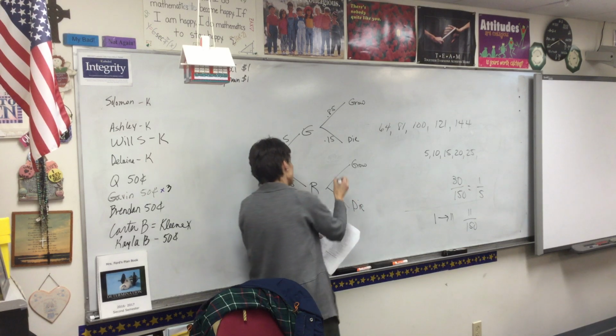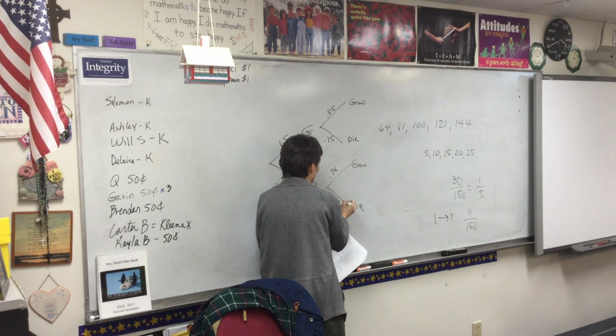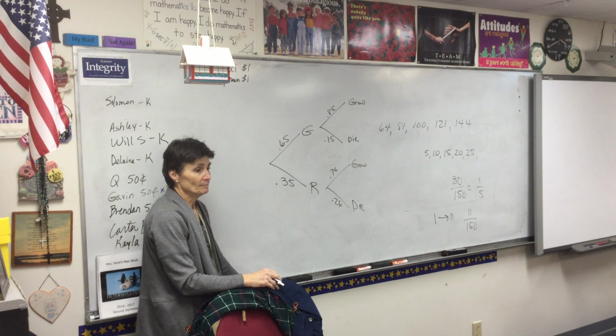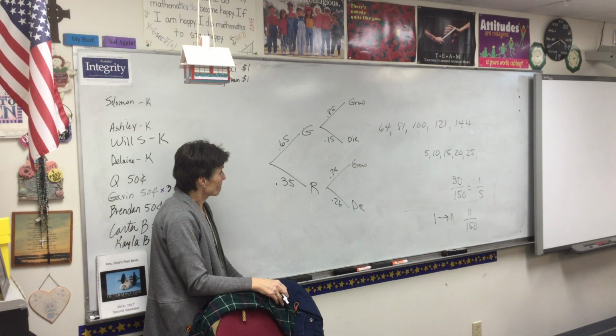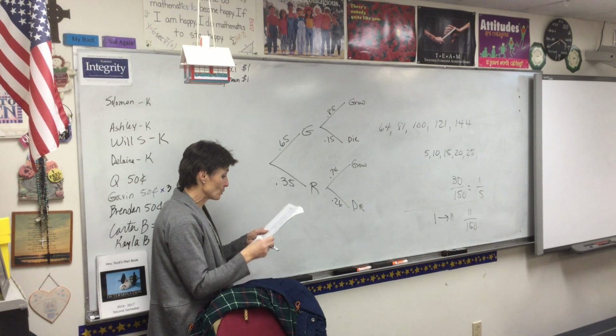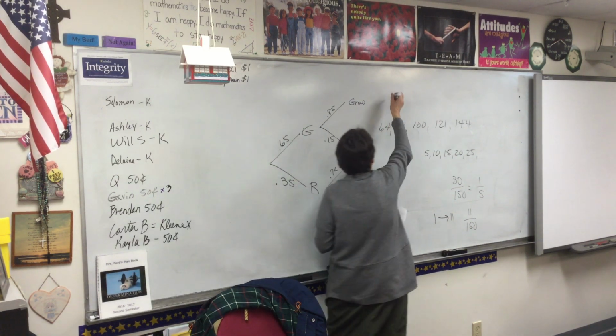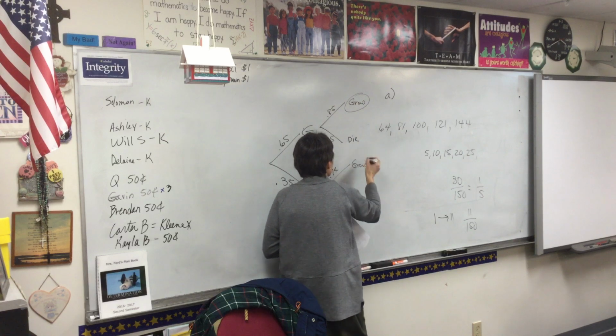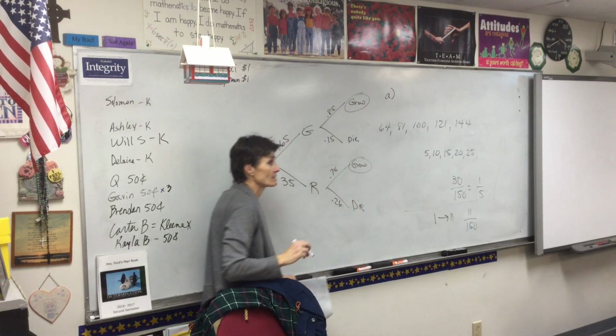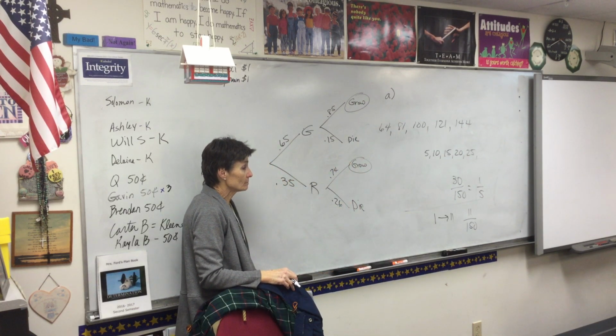And a red seed grows at 0.74. Now we want to find, we're doing A. A says we want the seed to grow. So aren't these 2 branches the answer?